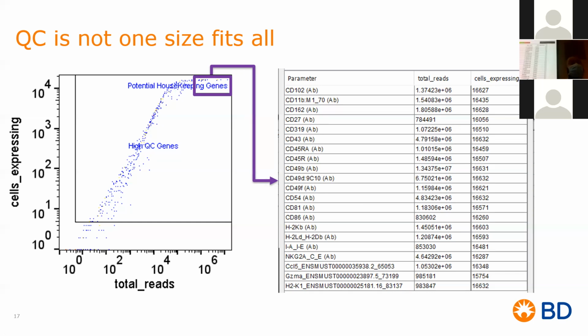In this case, I'm not just telling you, I'm showing you the table. If I were to do this just as a run-of-the-mill analysis, I would remove most of my antibodies. So this is why you cannot do these QC steps as a template. Because if you do, you might be removing antibodies of interest, or you might be removing mitochondrial genes.